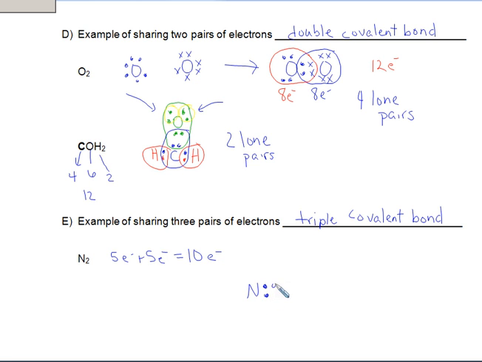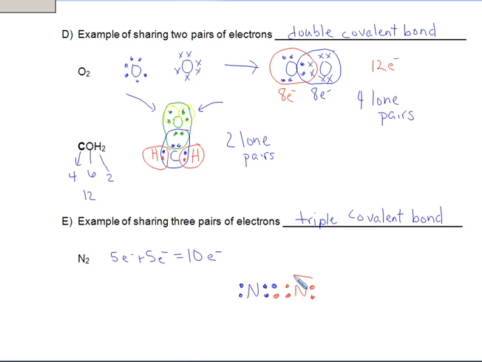Each nitrogen is going to contribute 5 valence electrons, so there's the first nitrogen. And then the second nitrogen also contributes 5 valence electrons. There is your triple covalent bond where we are sharing 3 pairs of electrons.